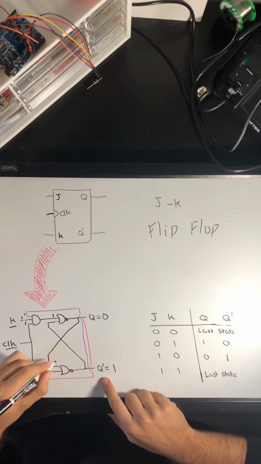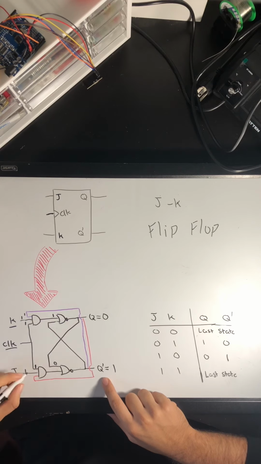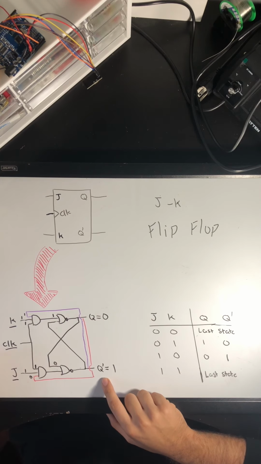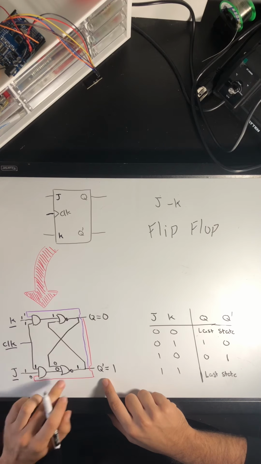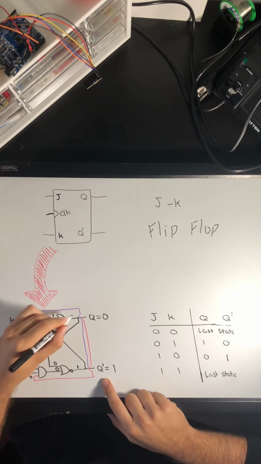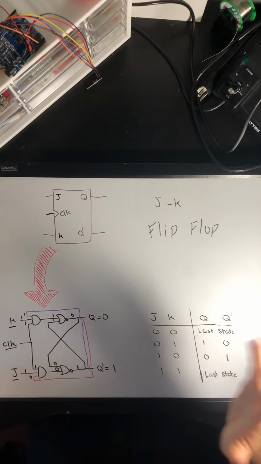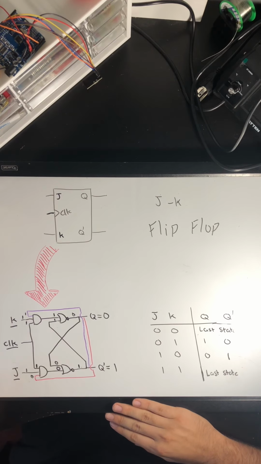Q is 0, we come down around, this is a 0, anything ANDed with a 0 is a 0, therefore we pass on a 1 with this NOR. This gets fed back up, a 1 NOR with a 1 is a 0, and we remain in the previous state that we're in.